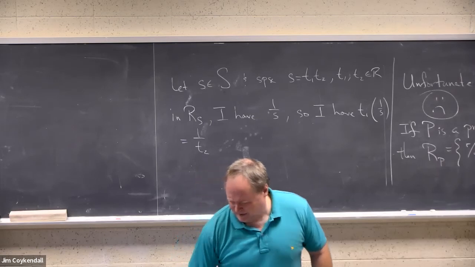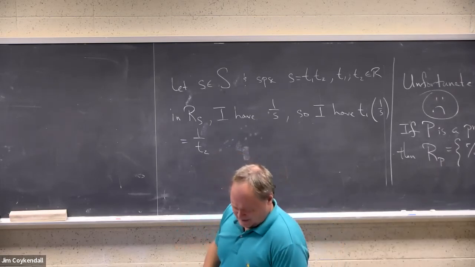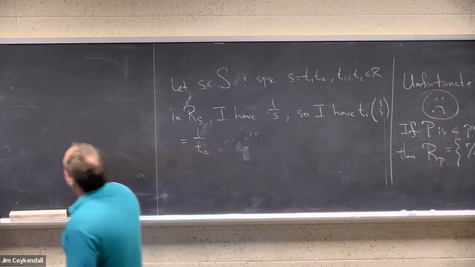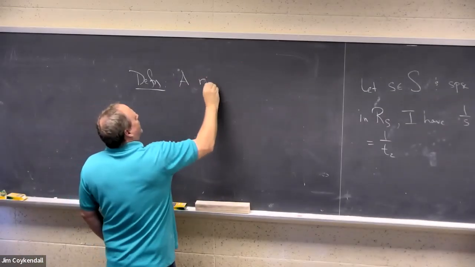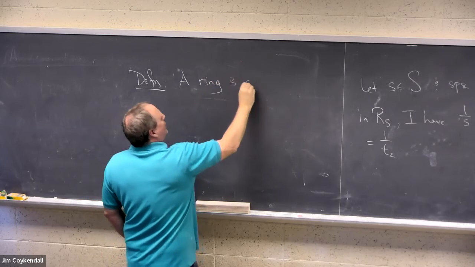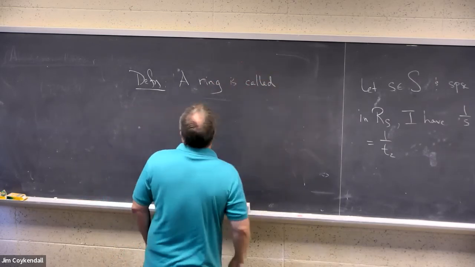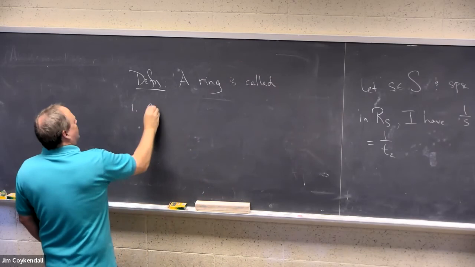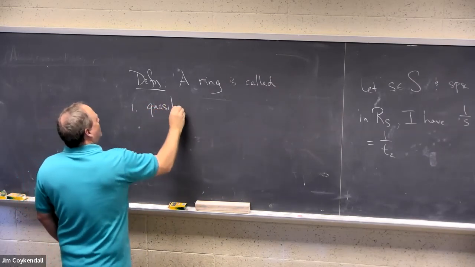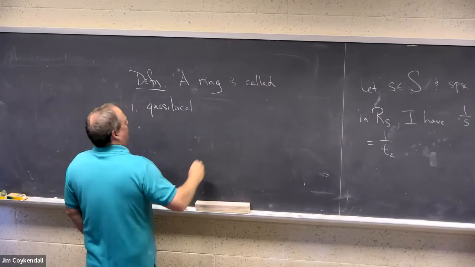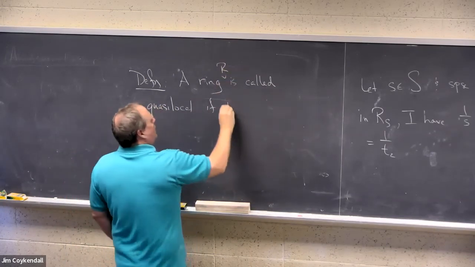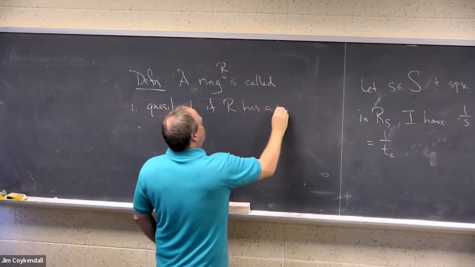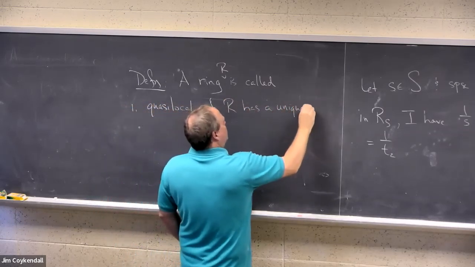Quick definition here. Unnumbered. A commutative ring with identity is called quasi-local if R has a unique maximal ideal.